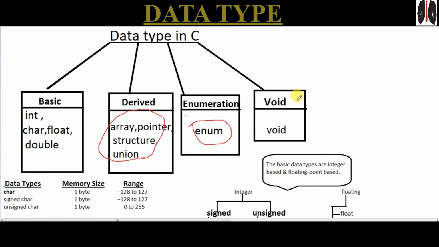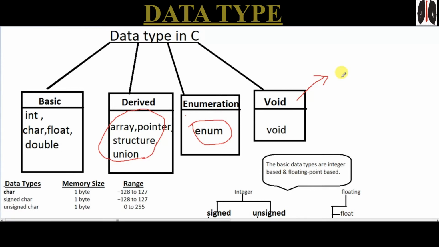The void data type is a non-return data type. I will take an example to explain void. When we define a function, before defining it we put a return type like int or float, so we need to return some value.